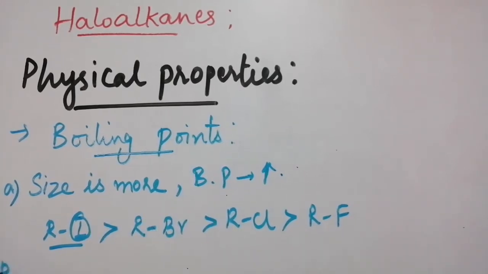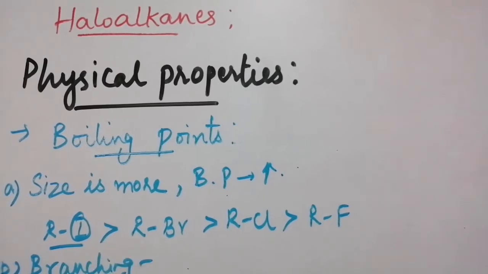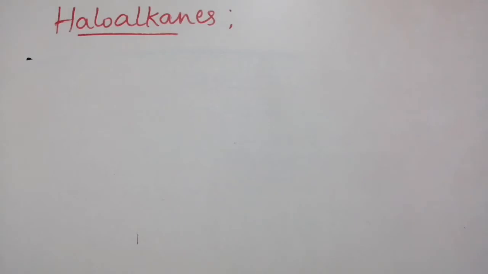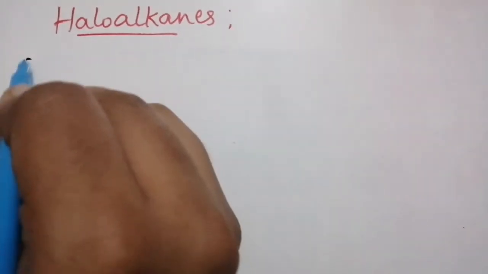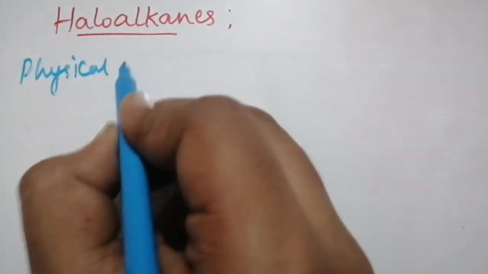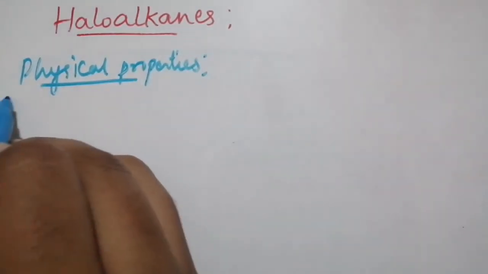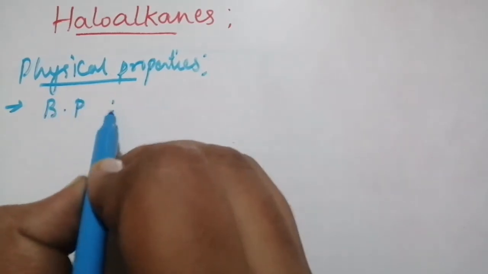The next is branching. Today we are learning about physical properties, and first we saw the boiling point.